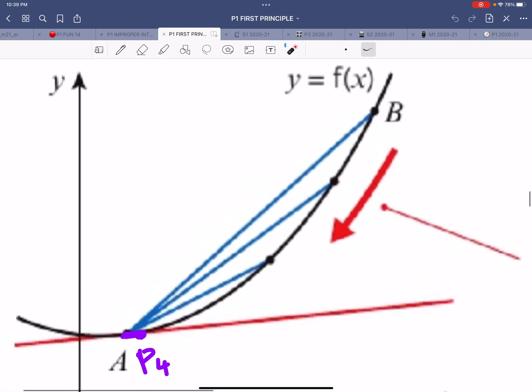If for example this point, let me erase it, is your E, and this is A and this one is B and this one is C and this one is D. So the closer you move to E, the tangent would be giving you the right gradient. That is the concept of first principle.